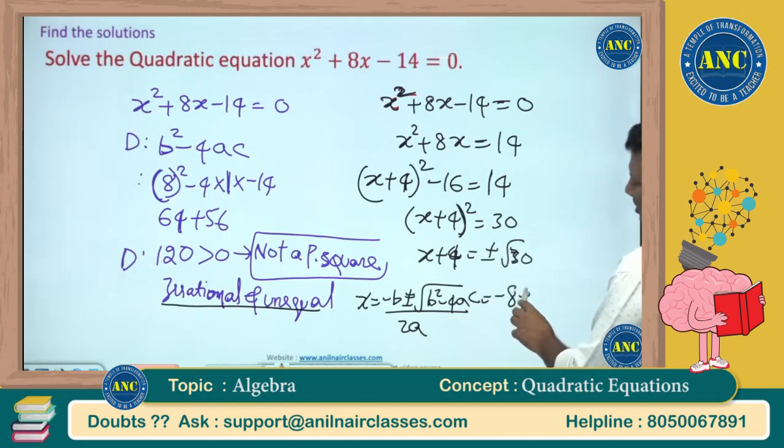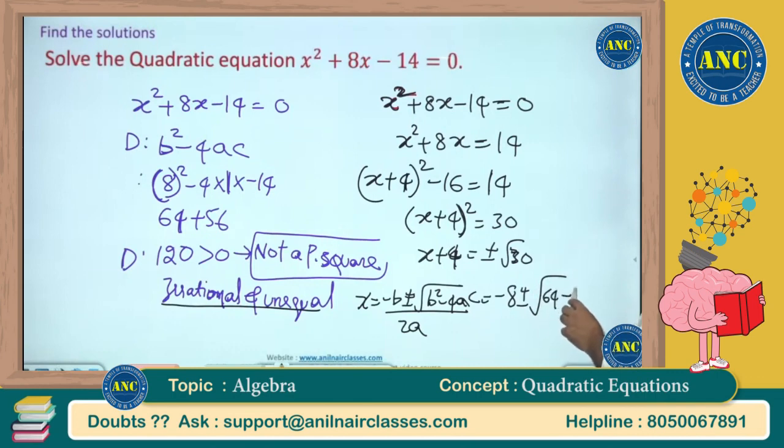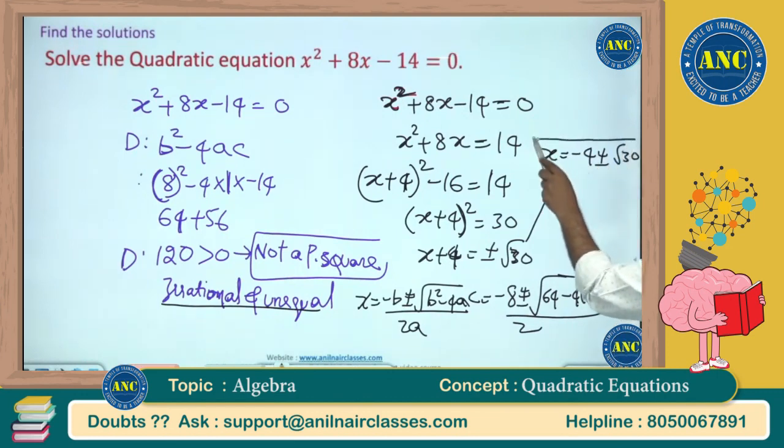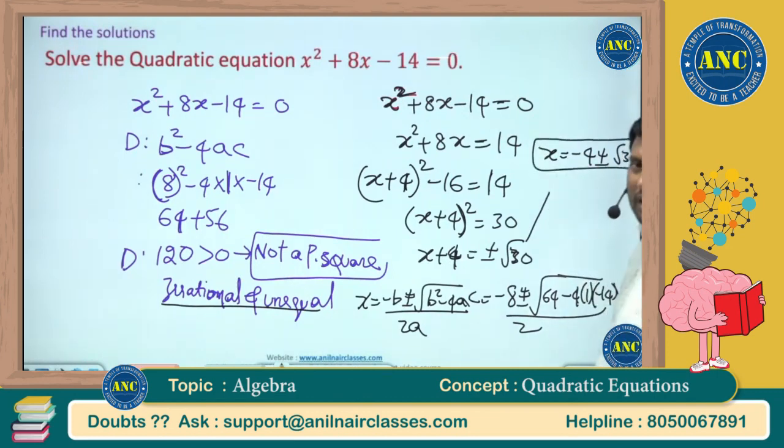Minus b, minus 8, plus or minus root of 64 minus 4 into 1 into minus 14, divided by 2a. So 64 plus 56, which is root of 120. Root of 120 is 2 root 30. The 2 can be eliminated. X is minus 4 plus or minus root 30.